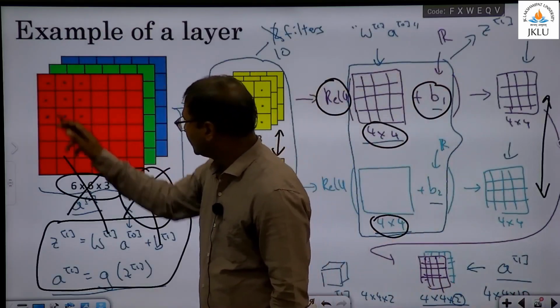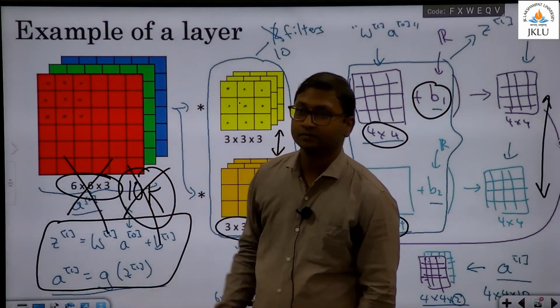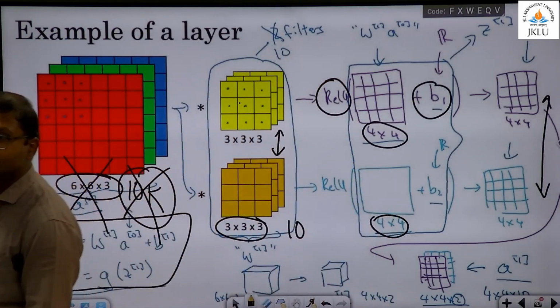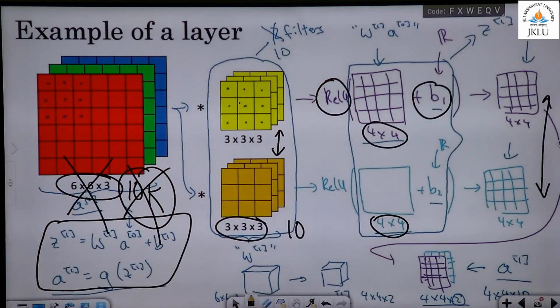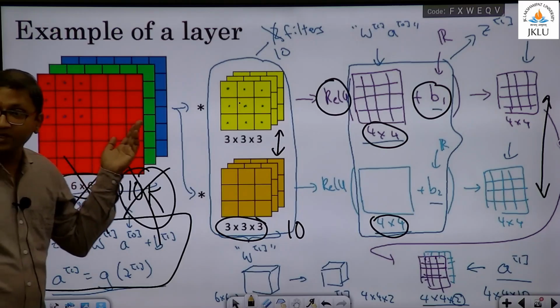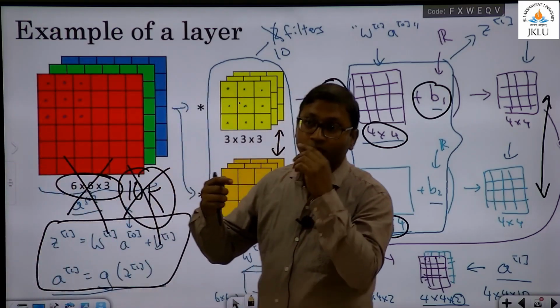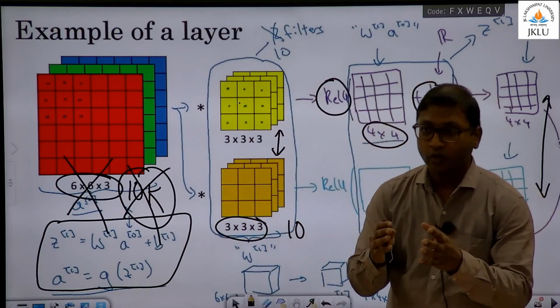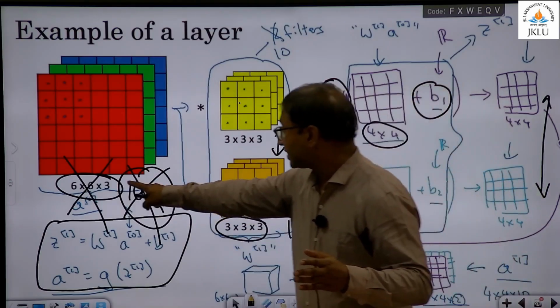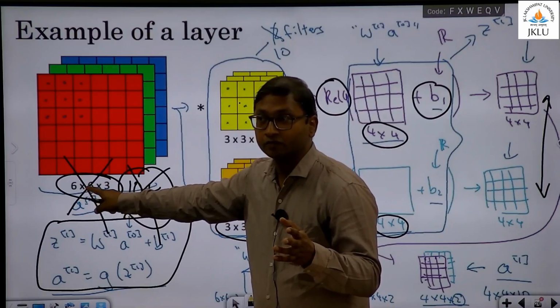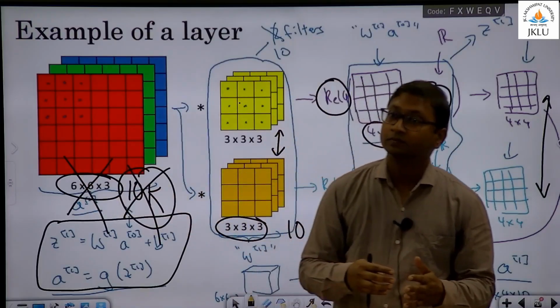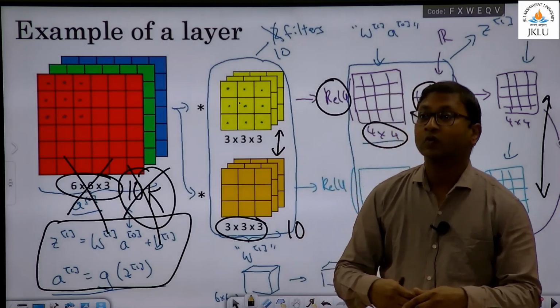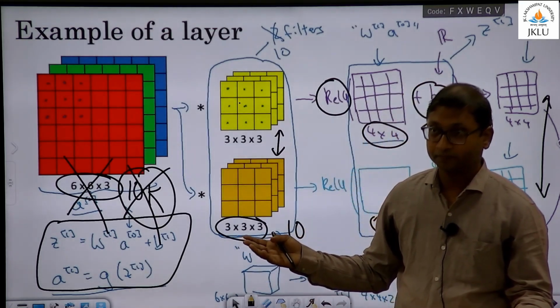This is your input feature. It's a good thing that it does not, because otherwise your CNN that you are designing for 6 cross 6 image will be very different from 1000 cross 1000 image.